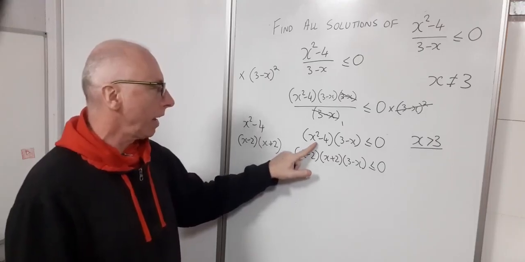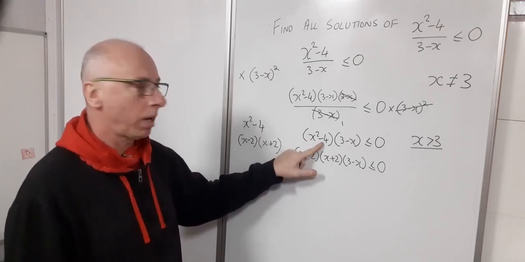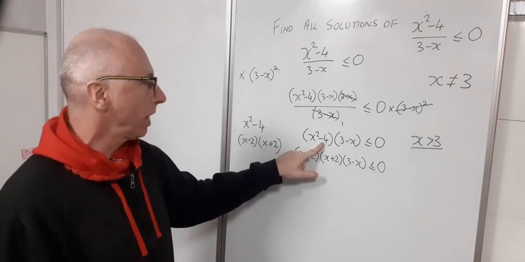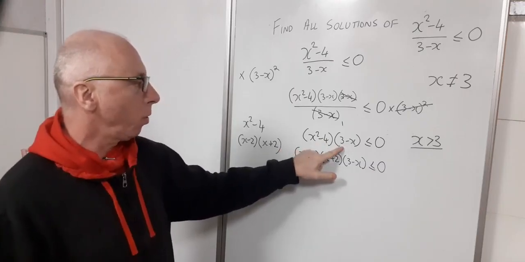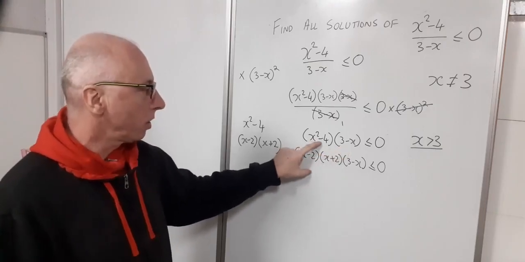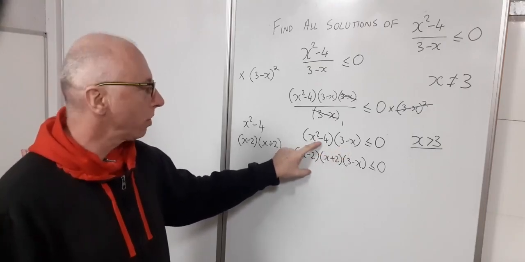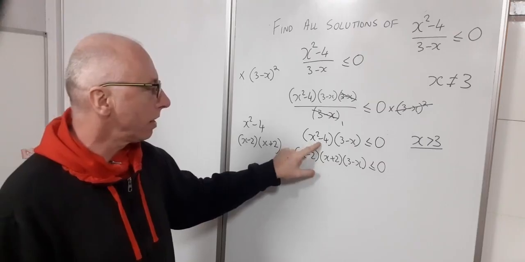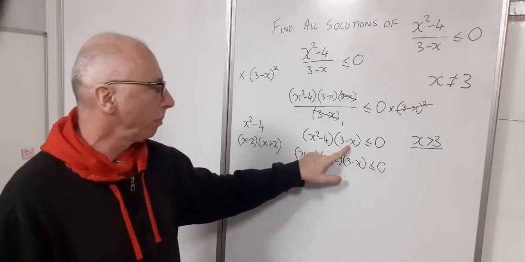So if I plug in 1 there, I'm going to have 1 minus 4, which will give me negative 3. And then plug in a 1 there, I've got a positive. So I'll have a negative times a positive. So I want values between 2 and minus 2 in there to make this a negative, and then this one here would be a positive.